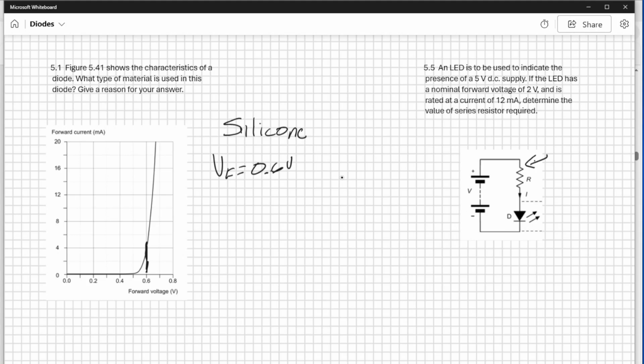Notice that the forward conductive voltage of the diode, in this case an LED, is 2 volts, and we have a power supply of 5 volts. And the diode is rated for a current of 12 milliamps.